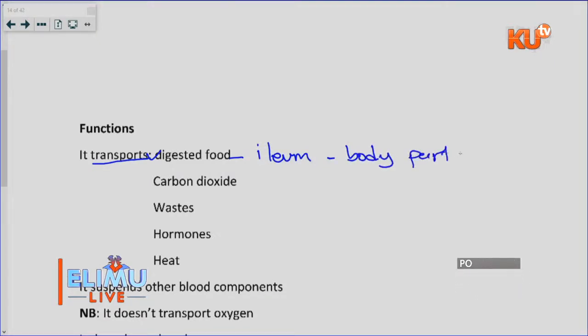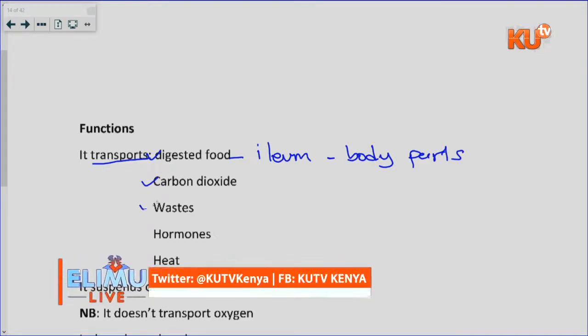It transports carbon dioxide, that is, from where the exchange of gases takes place. It transports wastes to the excretory organs. Then it transports hormones from their ducts where they are produced to where they are needed.